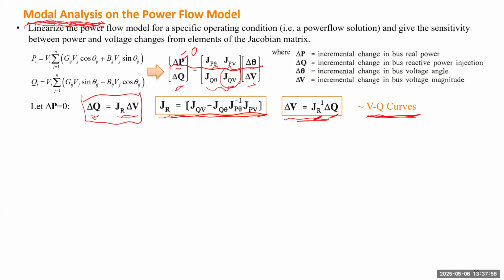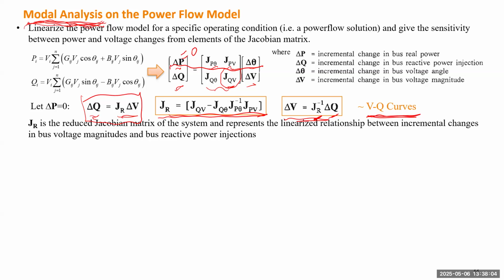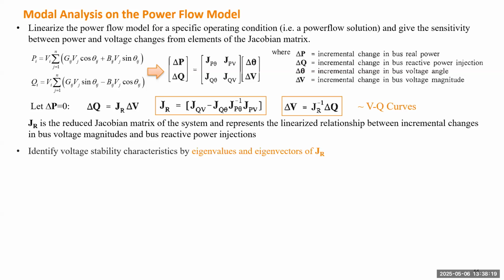So this is just a generalized version for a set of VQ curves. So delta V, delta Q will include many buses of the system. So JR here is a reduced Jacobian matrix of the system and represents the linearized relationship between the incremental change in the bus voltage magnitude and bus reactive power injections.